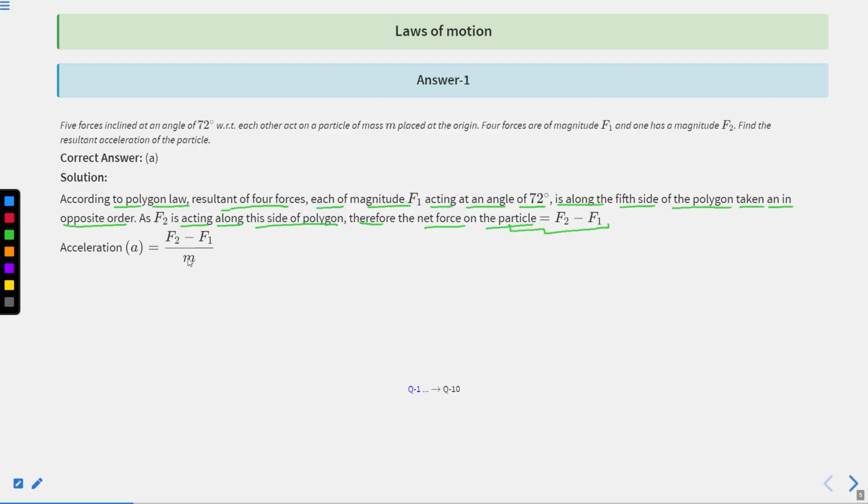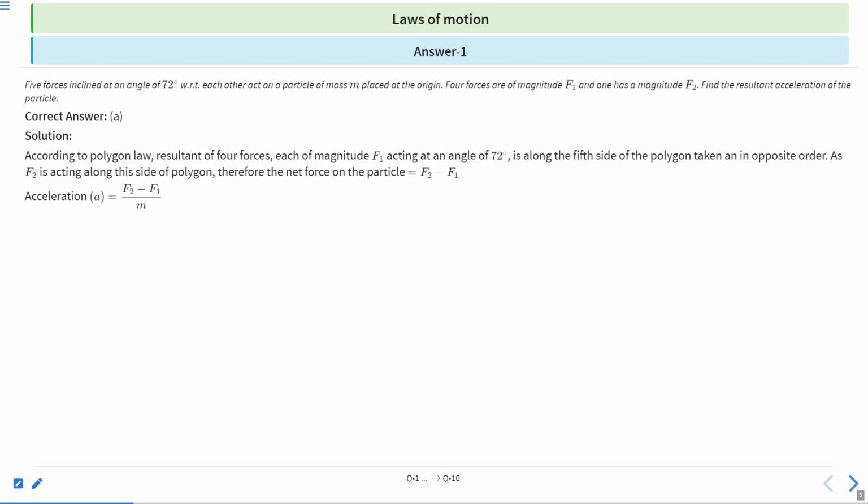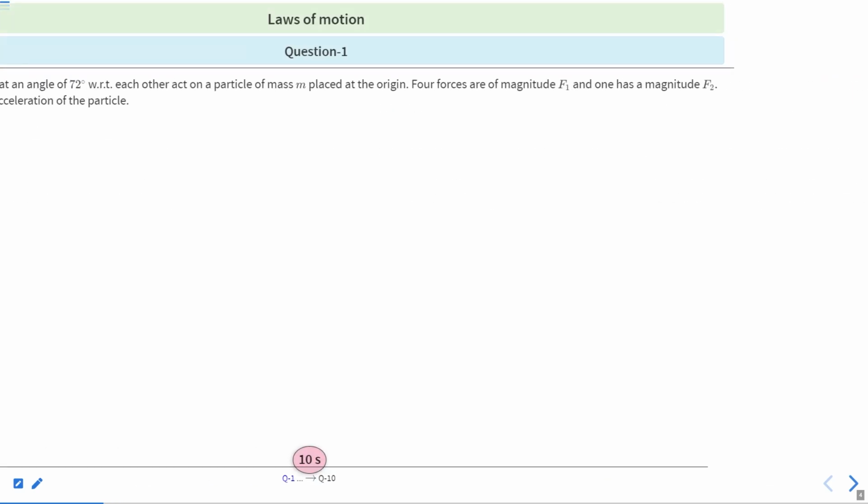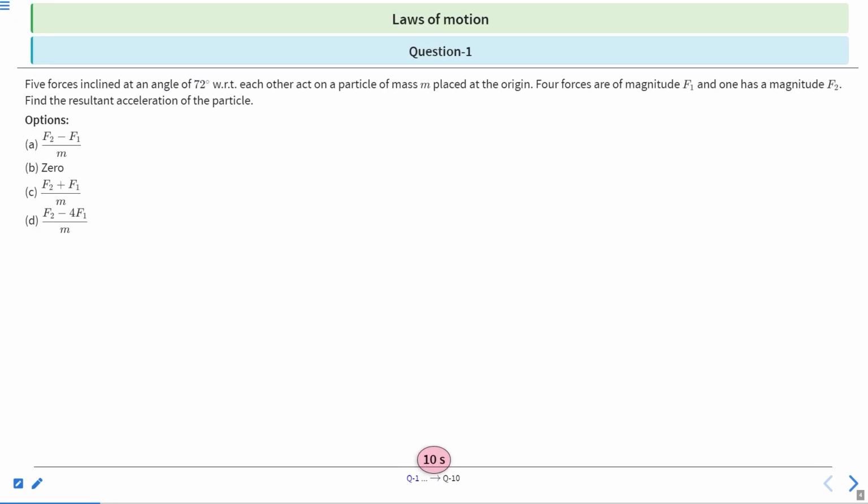So acceleration is (F2 minus F1) divided by m. A is the correct answer. Next question.